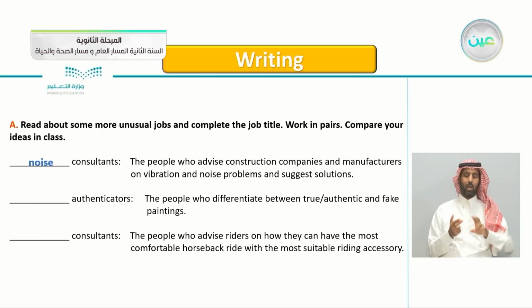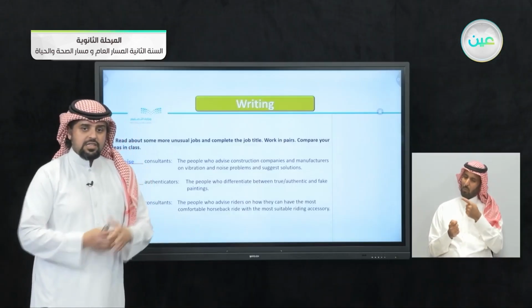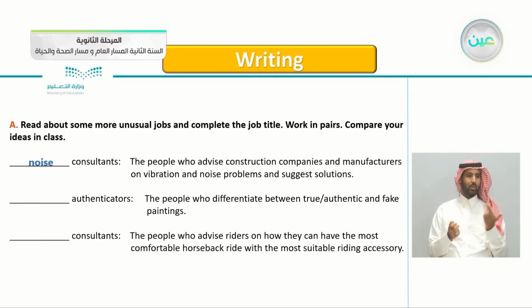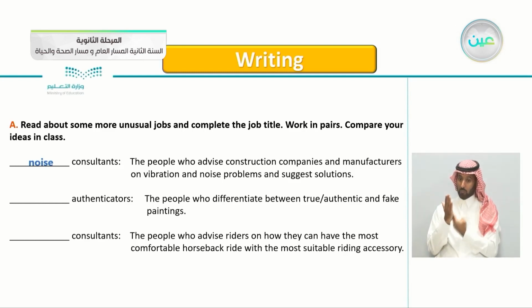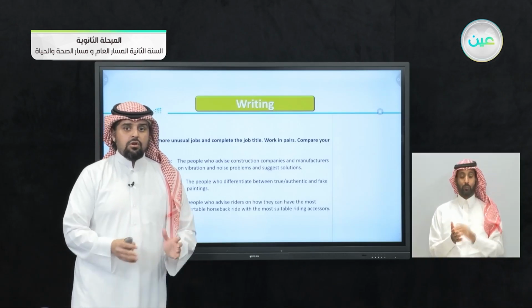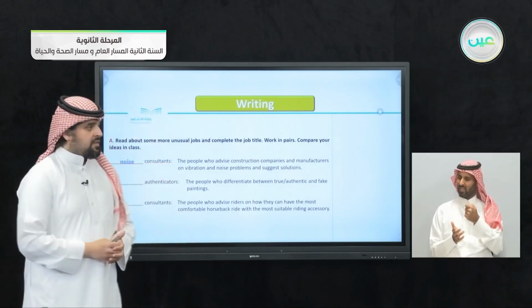Number two, authenticators. To authenticate something is to check whether it's original or not. Is it authentic or not? Hence this name, authenticators. The people who differentiate between true or authentic and fake paintings. So they work with paintings to check if the painting is original, authentic, true, or a fake painting.